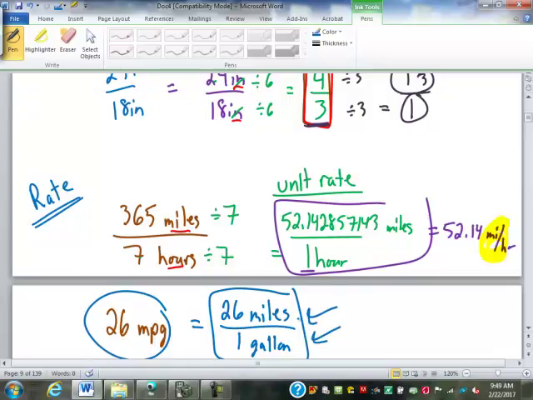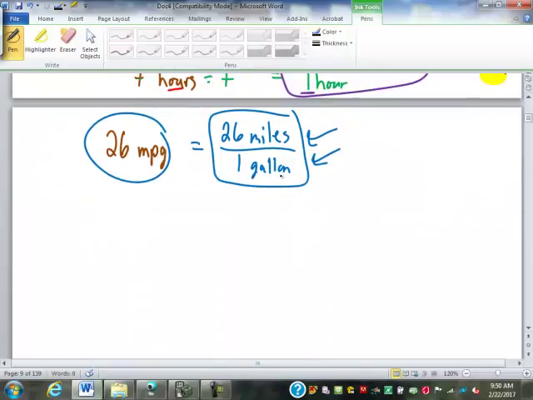So how do you figure out how many miles per gallon? What you can do with ratios and rates and comparisons like this, you actually get into something a little bit beyond what we're going to do today, but I'm going to mention it briefly for you. It's called dimensional analysis.